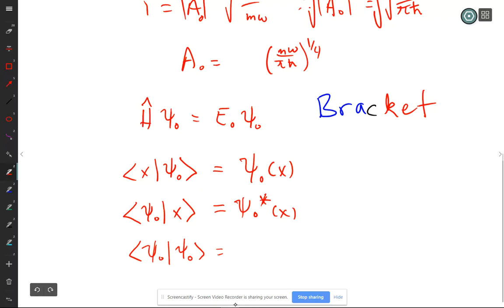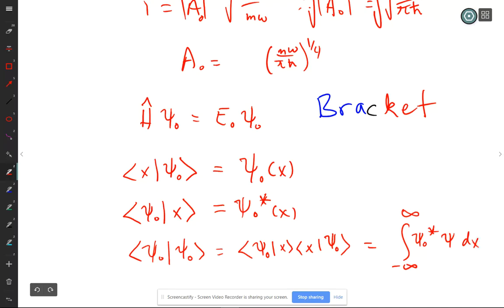It's actually a shortcut for writing that. And the ket X, bra X is called, I had it in my head just a moment ago, projection operator. It's a way of projecting into a certain space.